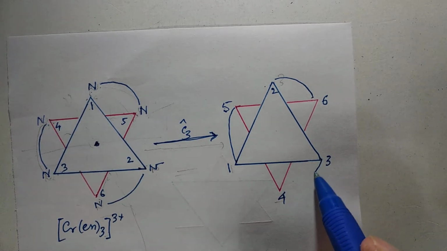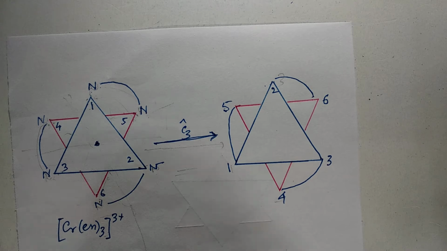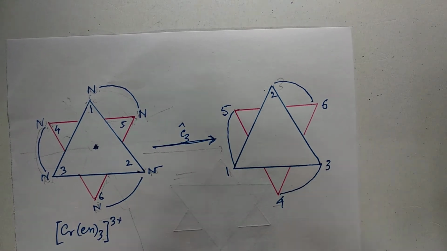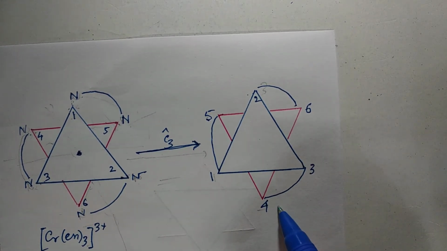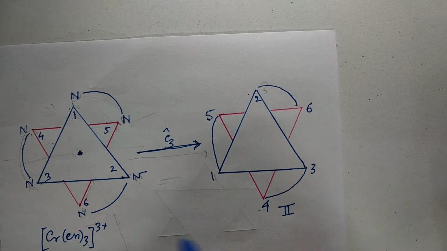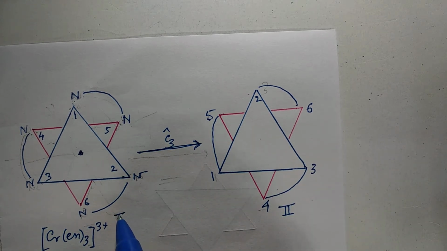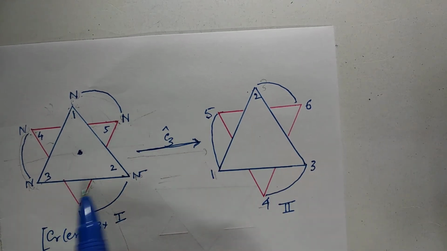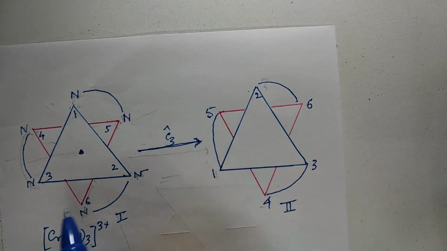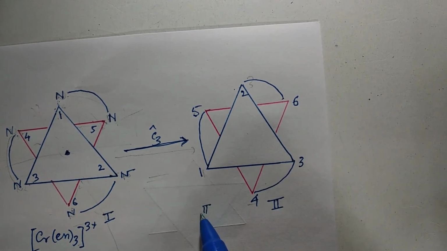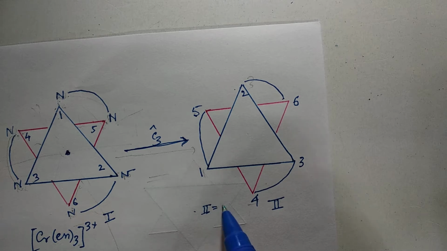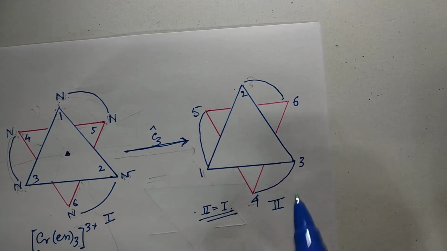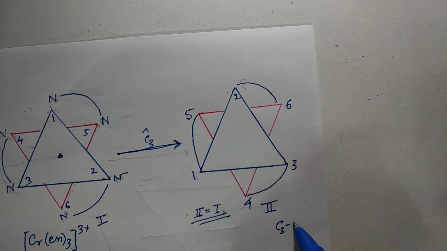So 3 and 4 are to be connected. Now we see that if we call this configuration 2 and this configuration 1, then these two configurations are equivalent. 2 is equivalent to 1. Therefore, C3 axis exists.